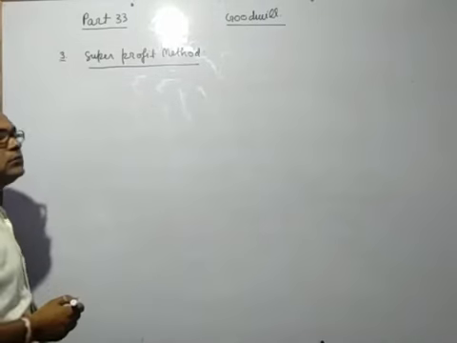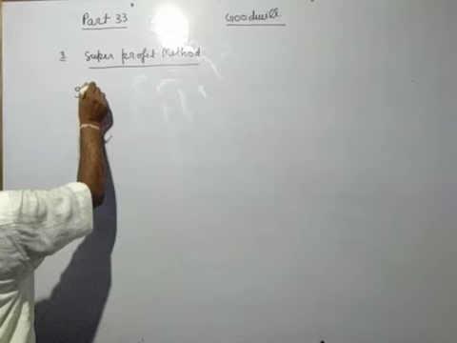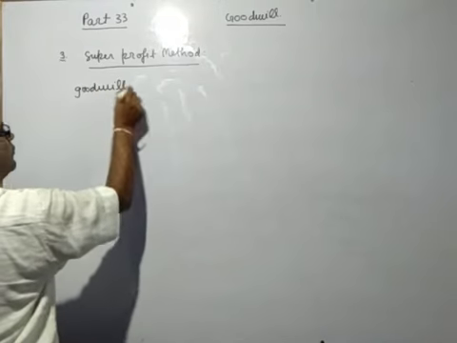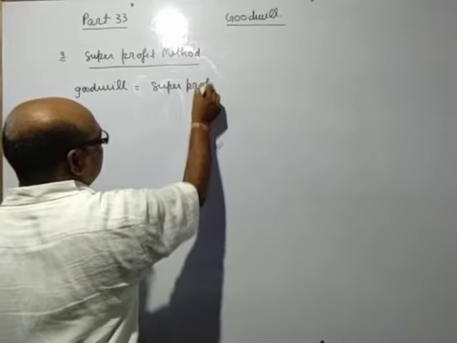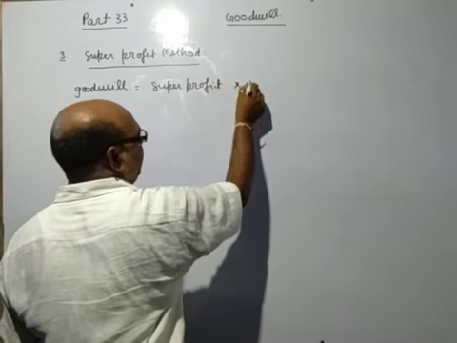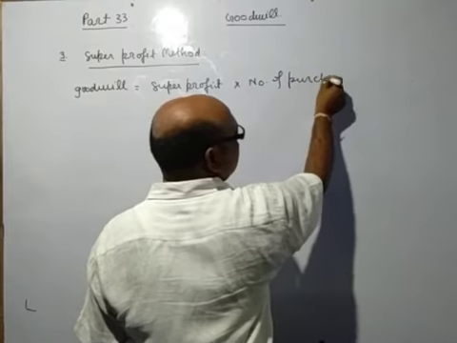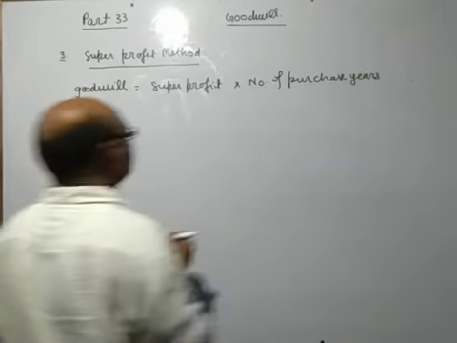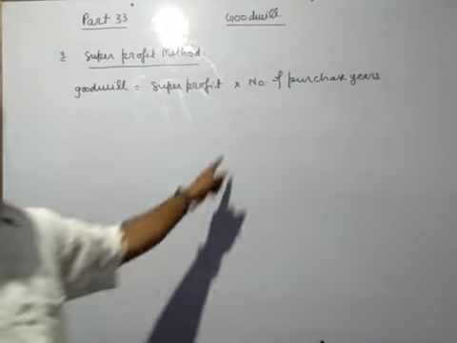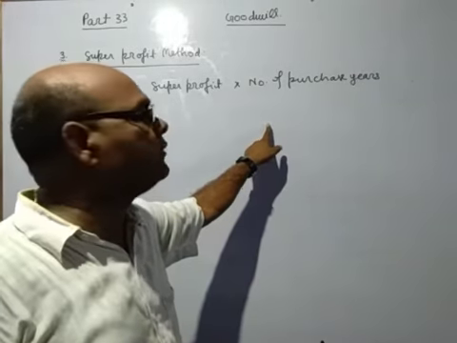In this method, the formula of goodwill is super profit into number of purchase years. Now, the number of purchase years you already know, this will be given in the question.